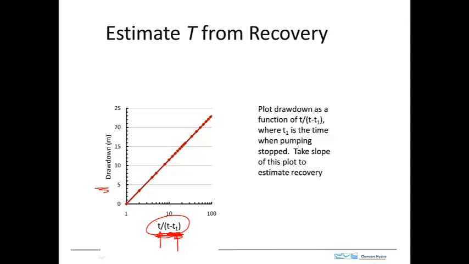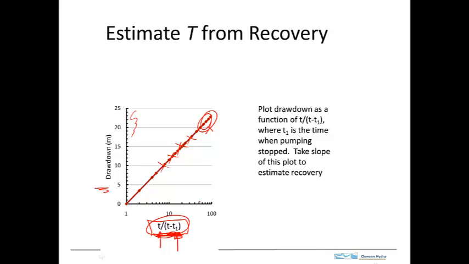So right when you shut the pump off, the drawdown plots up here. With increasing time, the drawdown decreases, t minus t1 gets bigger, so this whole thing gets smaller. So as time increases, the data start plotting down like this.